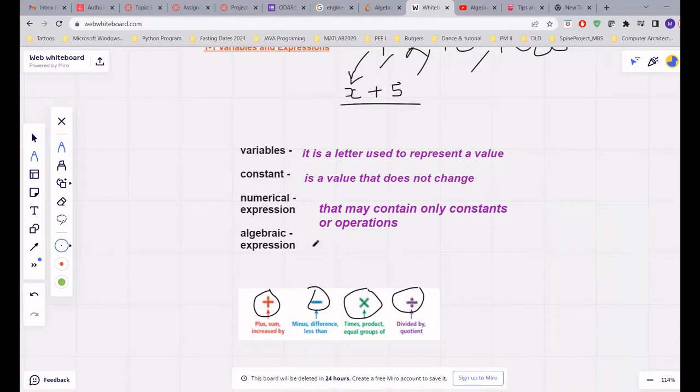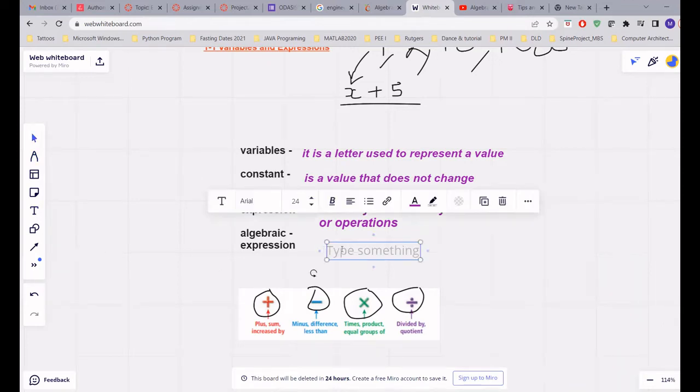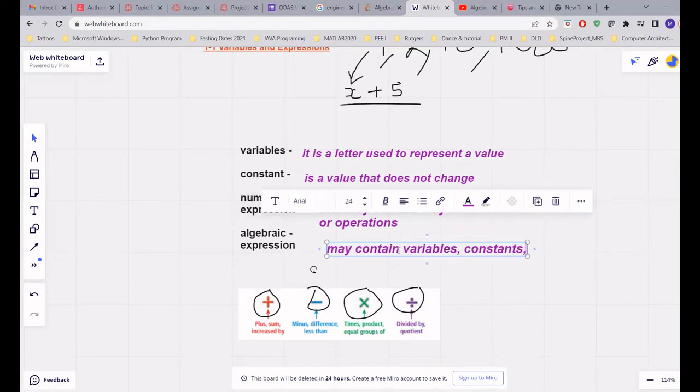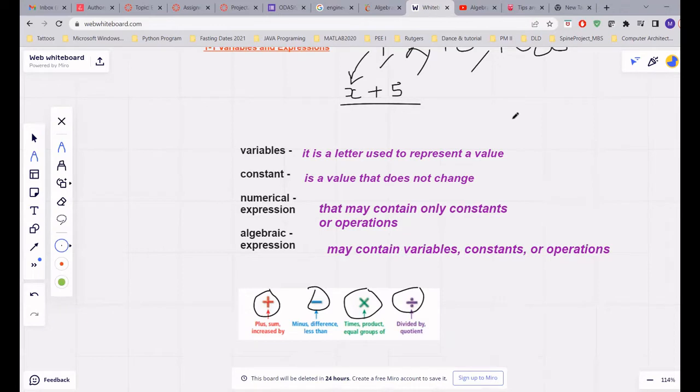On the other hand, algebraic expressions may contain variables, constants, or operations. So let me erase some stuff.